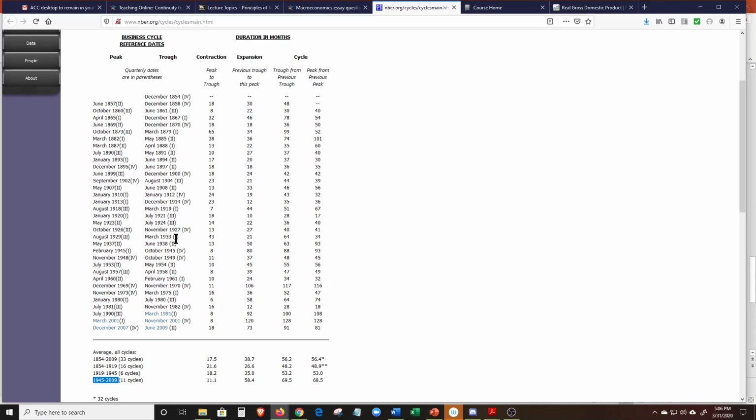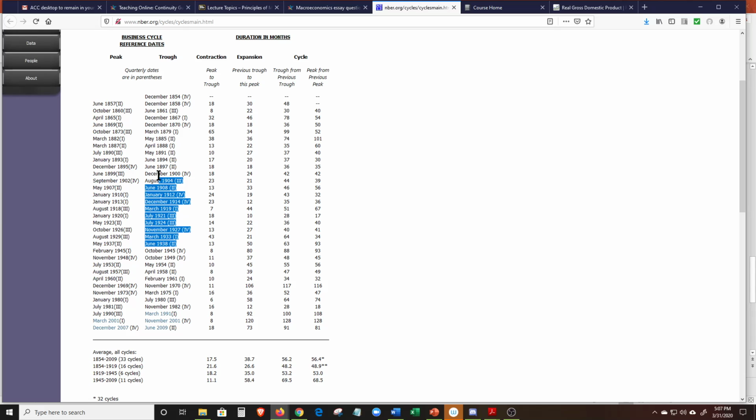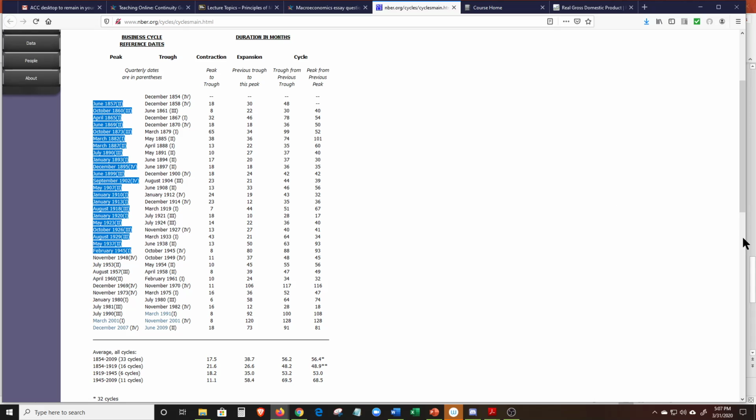So basically from here back, all of that has been sort of guesstimated. So they use a methodology to figure out what the real GDP might have been if they had been measuring it.